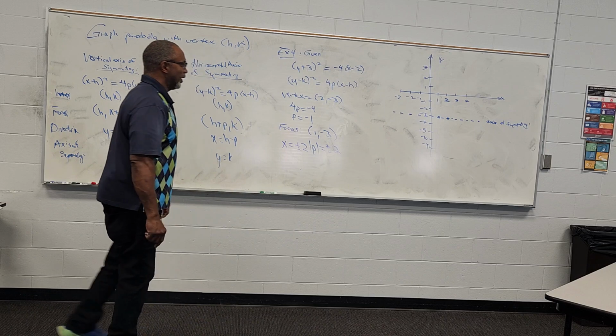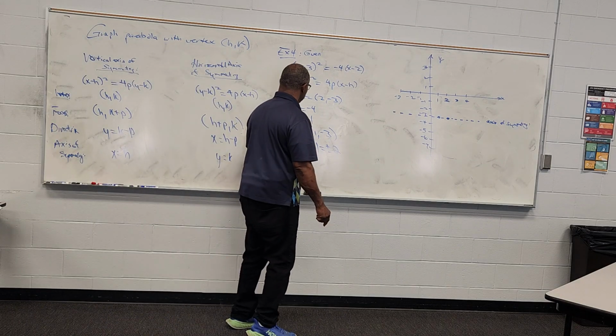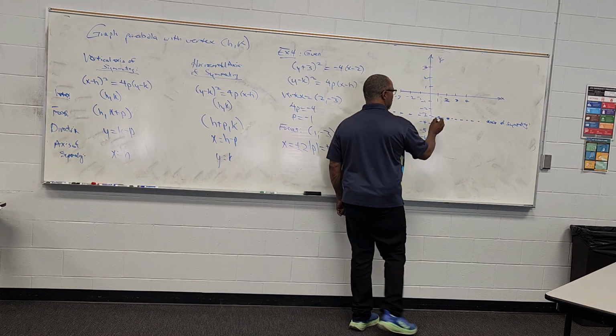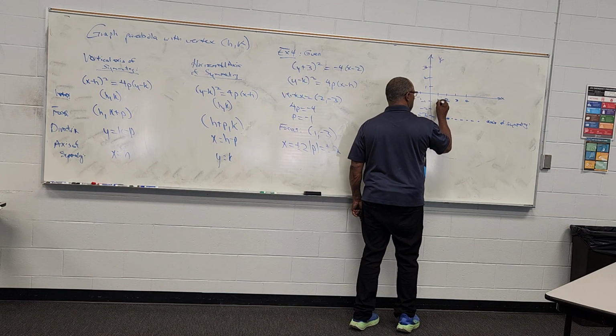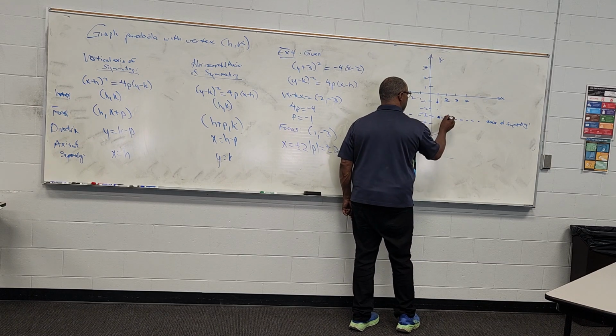Okay? Now, I take my focus, right? And since the focal diameter is 2, so (1, negative 3) is right here. So that means I go up 2, I go down 2. So the focal diameter is the distance from here to here. So these are 2 points on the parabola.